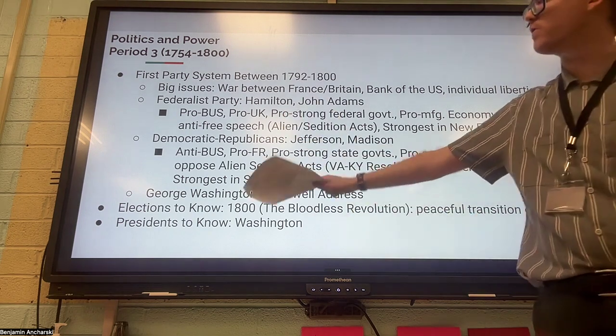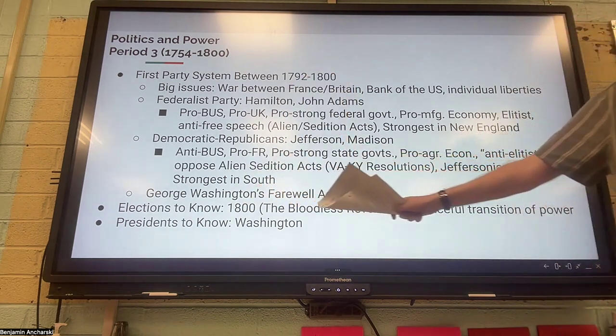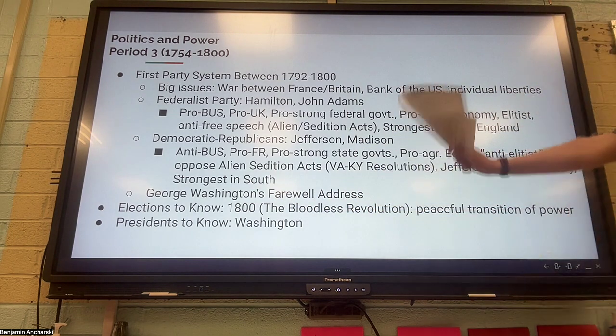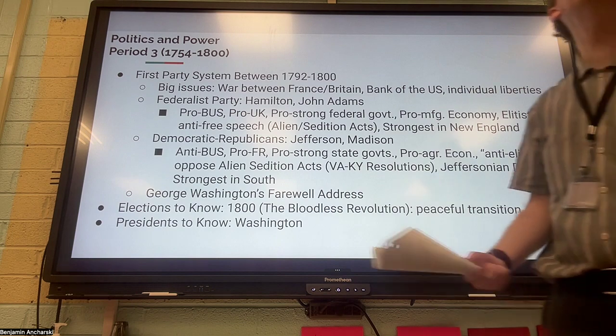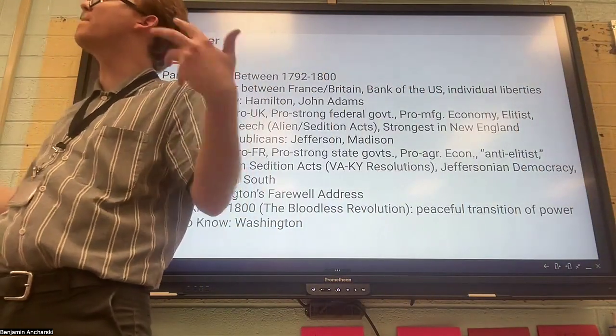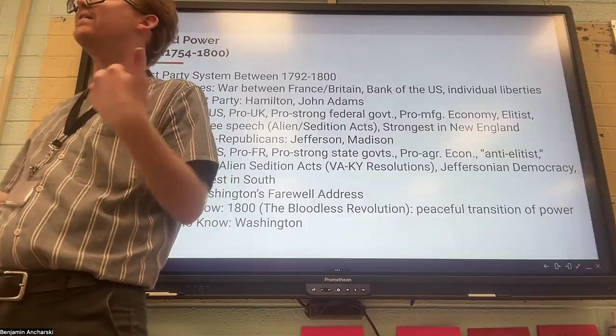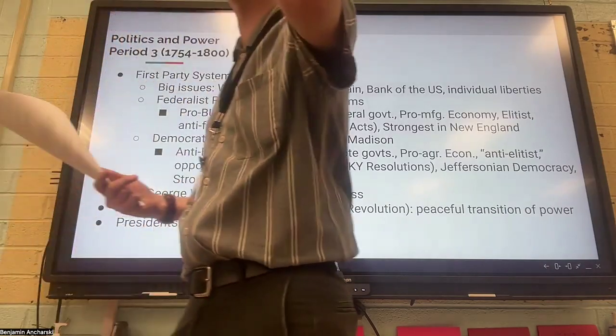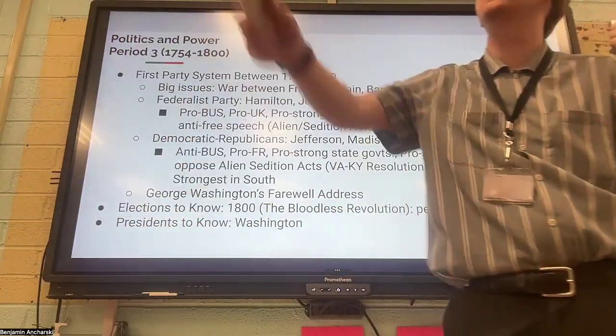You do need to know some elections for the AP. The one you need to know from this time period is the election of 1800. That's where your Hamilton knowledge comes into play. Election of 1800, it's called the Bloodless Revolution. Anybody remember who the major candidates were? Yes. Aaron Burr was potentially a person. Yeah.